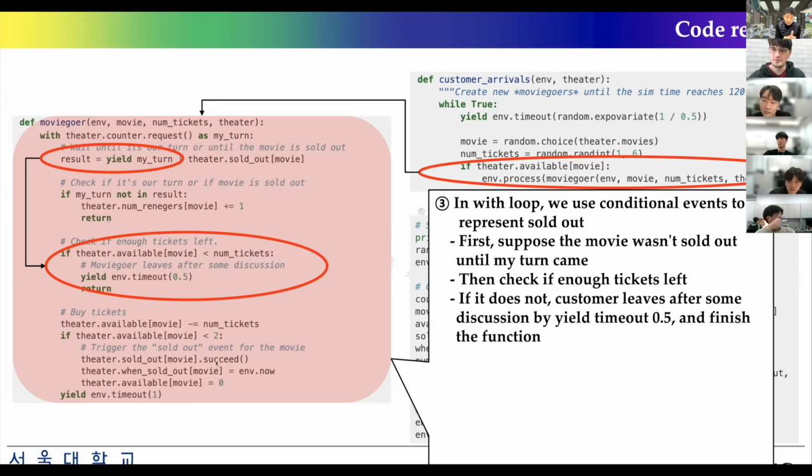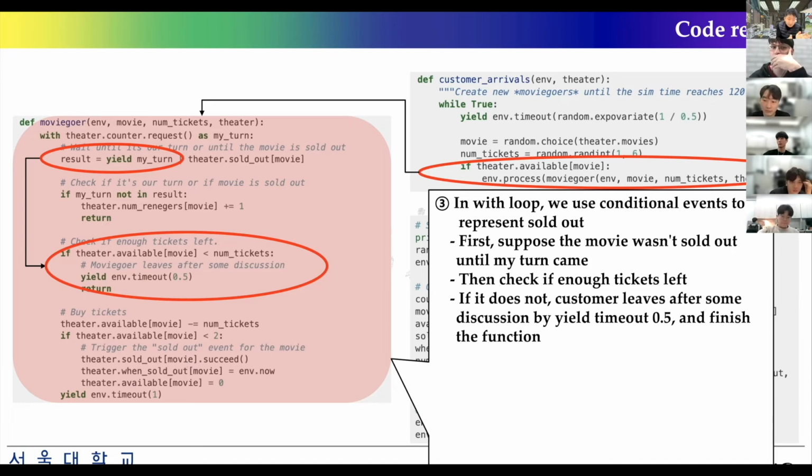That means that for the relevant movie, the sold out event is being triggered permanently until the completion of the entire simulation. Okay, so by succeeding this event, this movie is not available anymore.